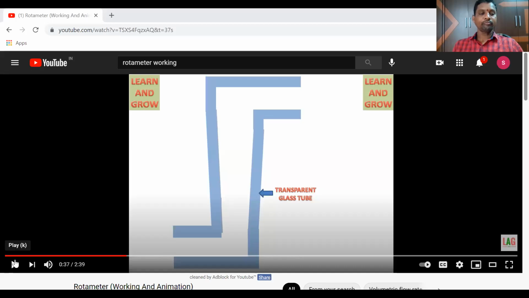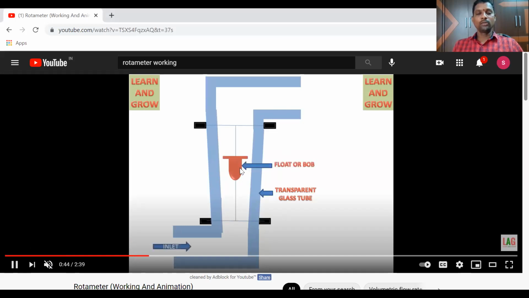You can watch it for maybe a maximum of 1 or 2 minutes here. Now see here, this is a rotameter: a transparent glass tube with a float, or a bob, as it is called. The inlet flow is entering here, and the fluid exits through the outlet here.